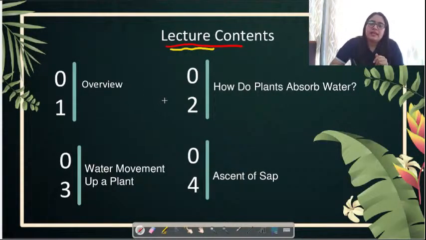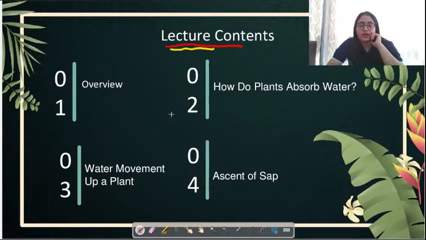Then, secondly, we will discuss how water is absorbed by plants, specifically by the root. After the overview of long distance transport, we will try to understand, my dear students, how exactly water is absorbed by the plants.